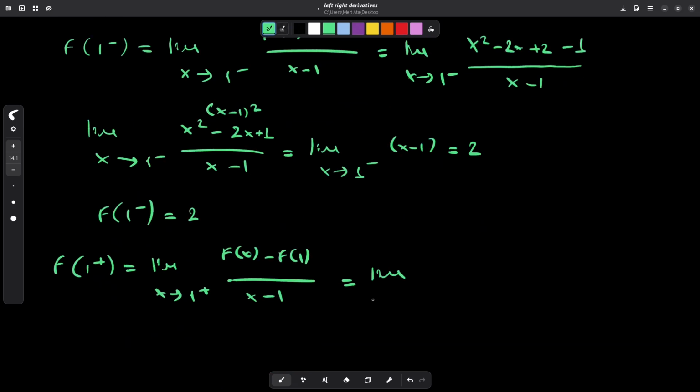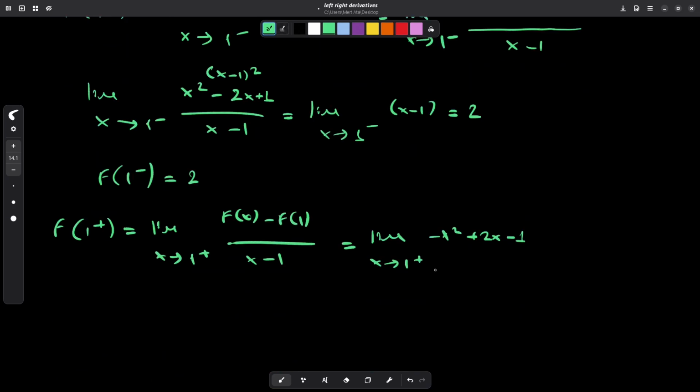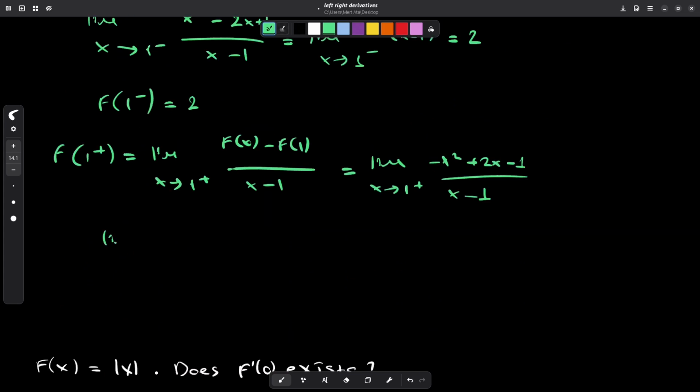So this is equal to the limit as x approaches 1 from the right side of negative x squared plus 2x minus 1. Our f(1) is 1, minus 1. This is over x minus 1. What can we do? We need to work with our numerator, x approaching 1 from the right side. Let's take the negative 1 out as a parenthesis: negative 1 times (x squared minus 2x plus 1) over x minus 1.